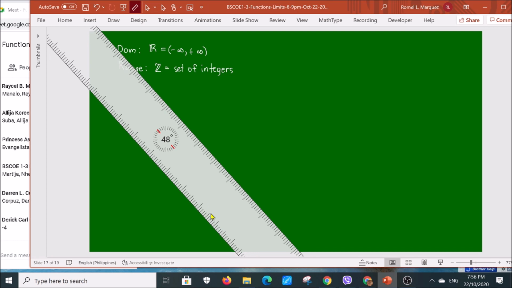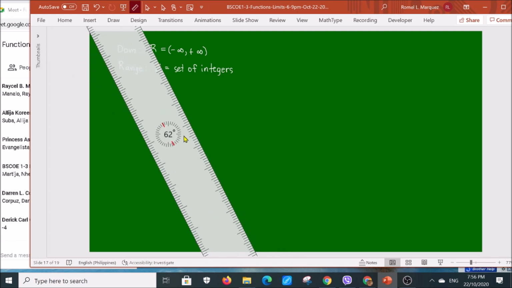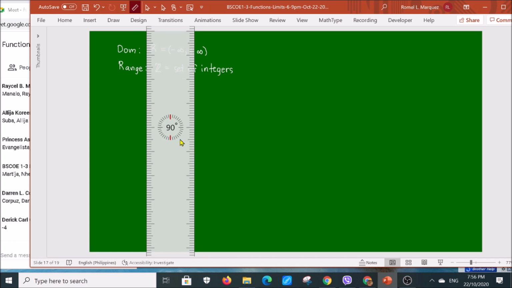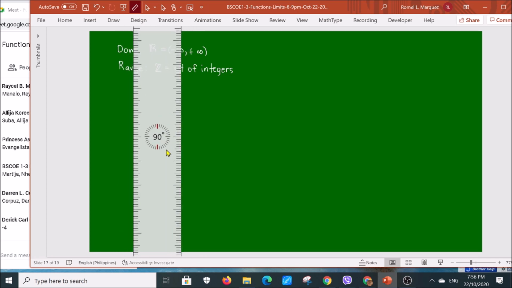Okay? Now, how does the graph look like? So, let's draw a graph. We'll draw the graph for some part only of that domain.